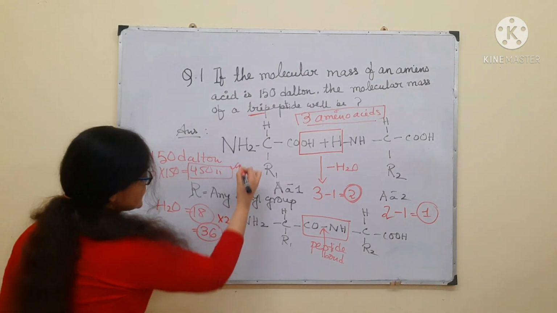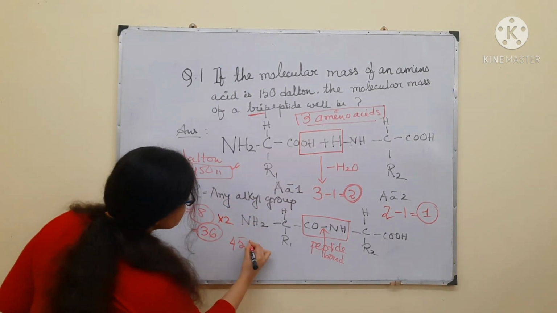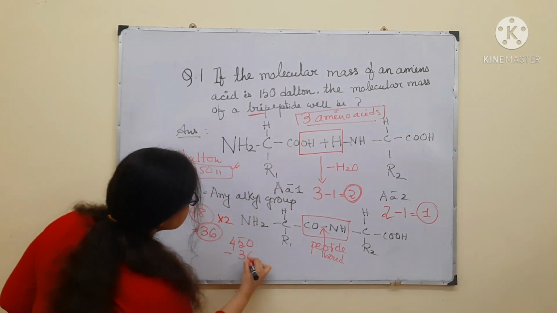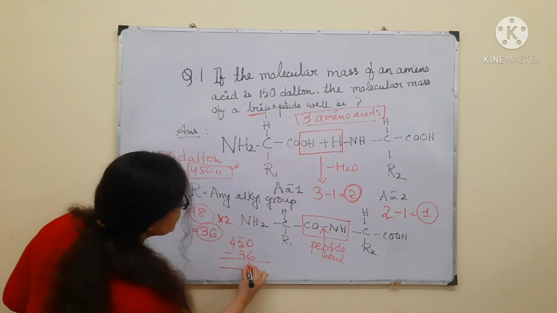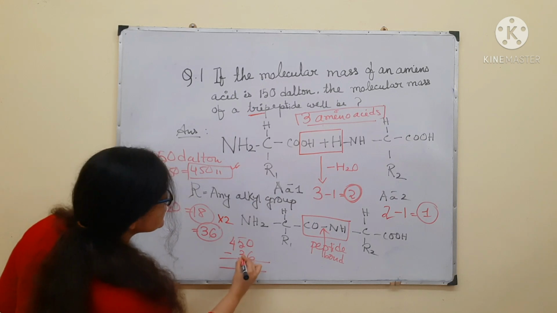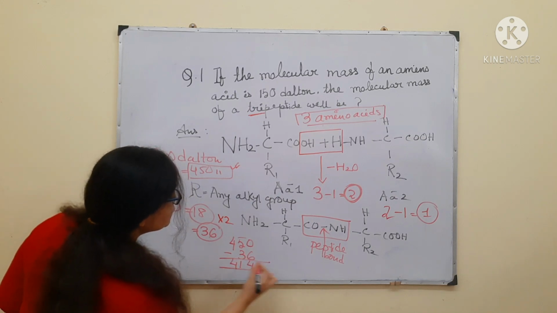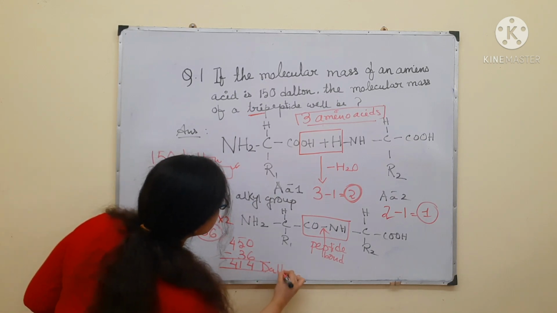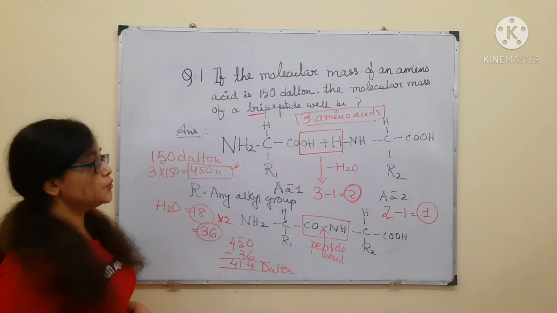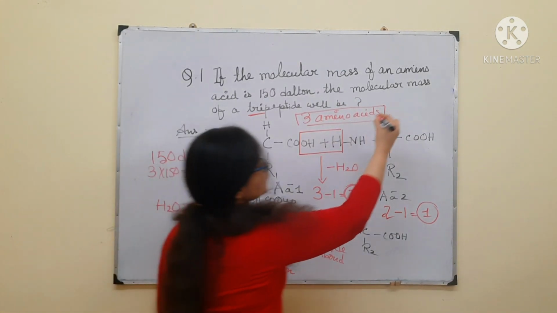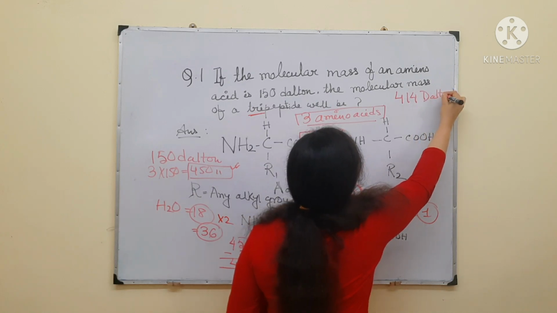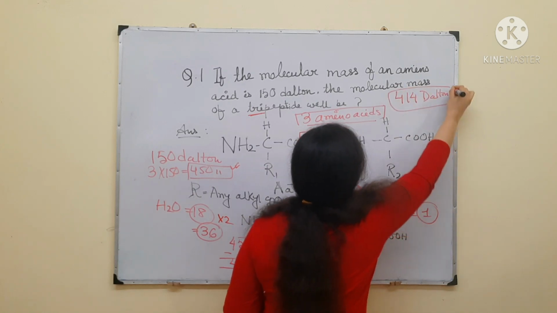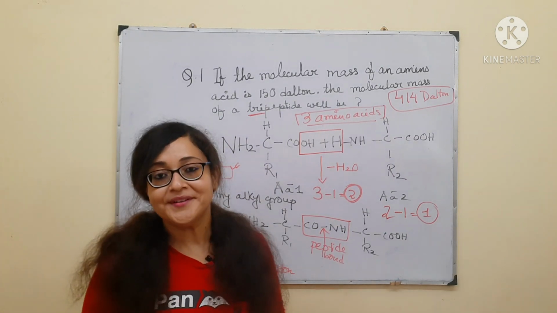The answer is 450 minus 36. So, the answer is going to be 414 Dalton. I think this is clear to all of you.